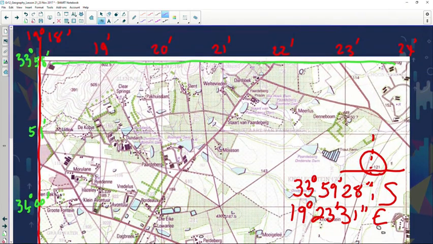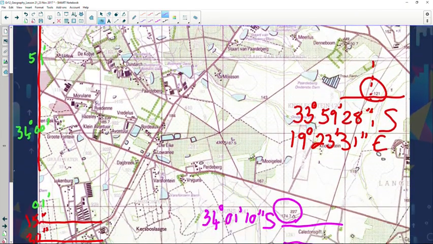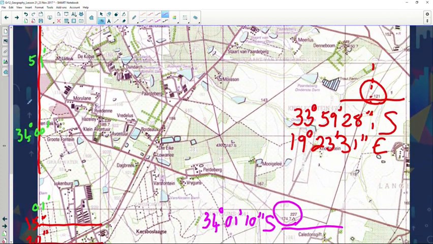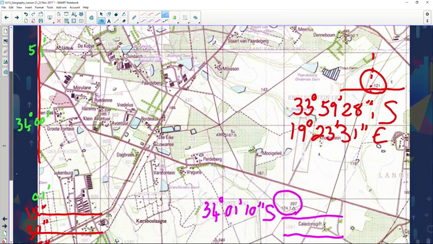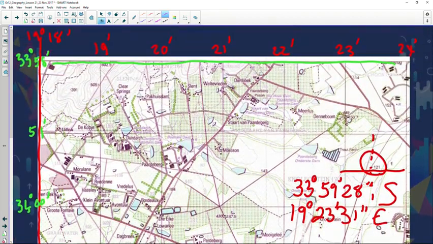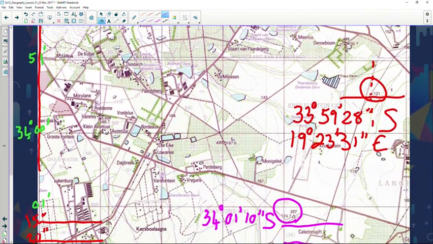Now let's quickly go and have a look at the longitudinal position. It's 19 degrees, 18, 19 minutes, 20 minutes, 21, 22 minutes. Just check.